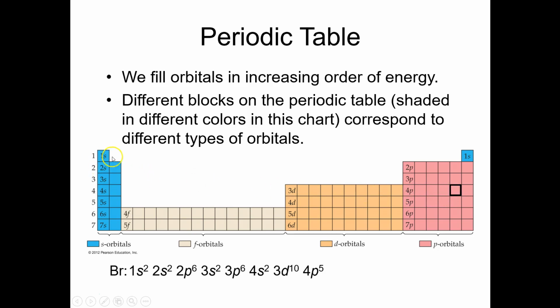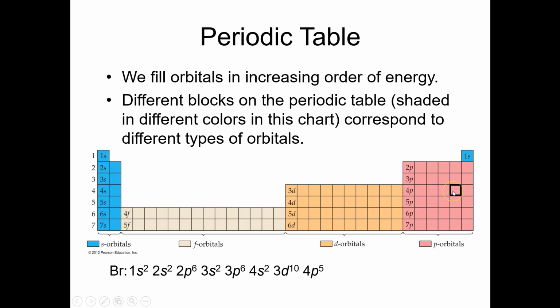So all I'm doing is reading off the periodic table to write this: 1s2, 2s2, 2p6, 3s2, 3p6, 4s2, 3d10, 4p5.